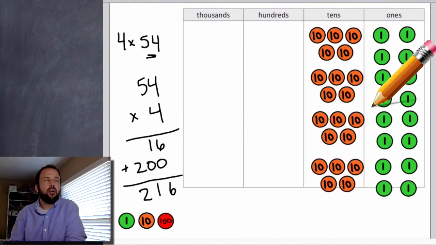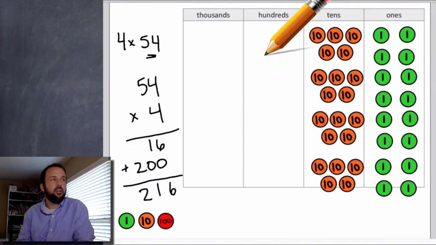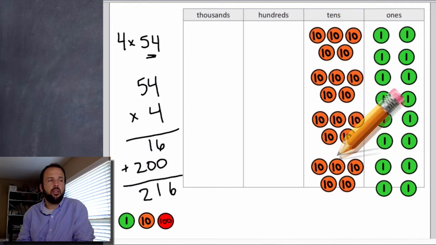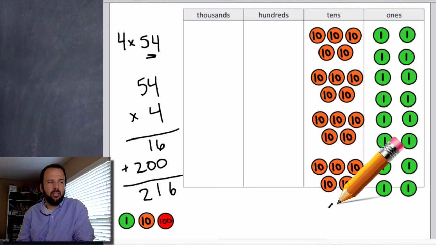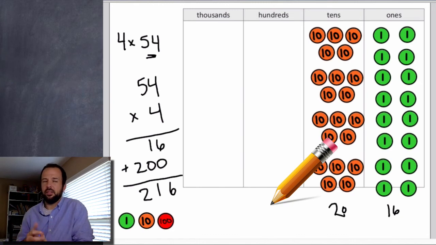And now if I look over here at my place value chart, if I compare the two numbers that I got, I had 216 down here, and over here on the place value chart, I'm showing 20 tens and 16 ones. So I can kind of write this as 2016, which isn't quite the same thing, but remember, we can bundle, right?